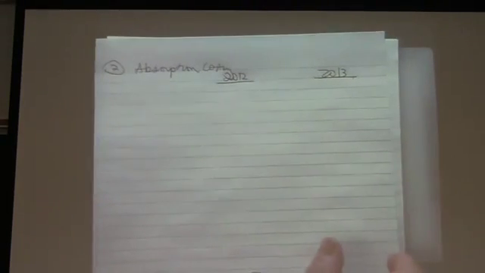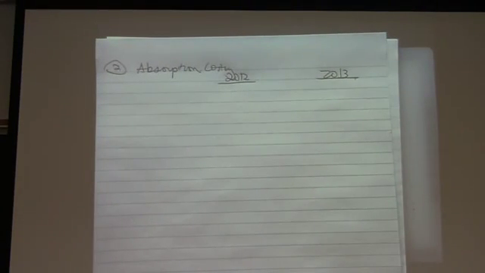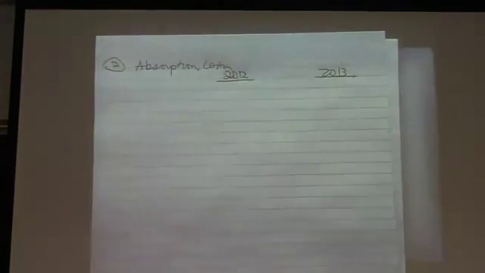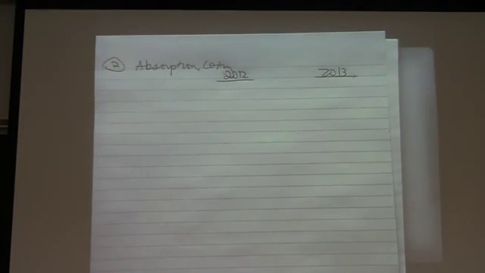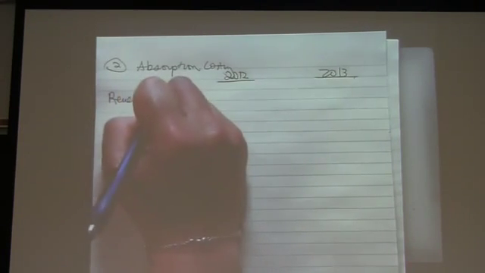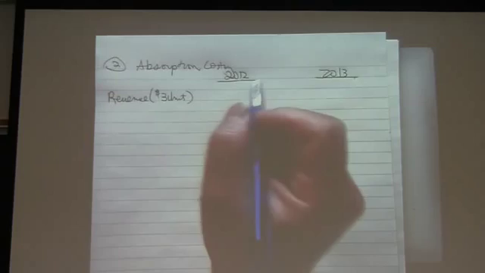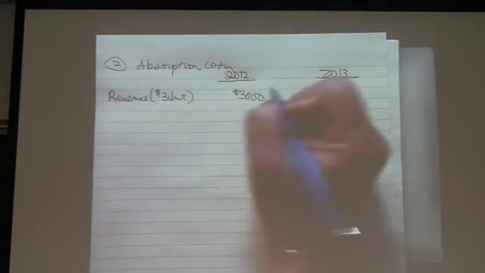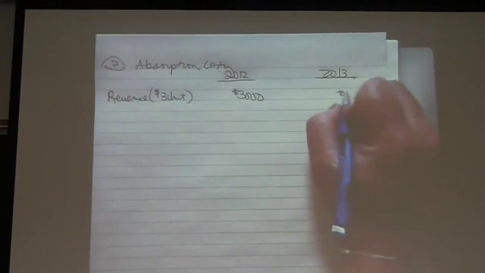Again, we've got the same, so this part here will be the same as up here. Now revenue is $3 per unit, and we know we sold, so the revenue would be the same under variable costing and under absorption costing.